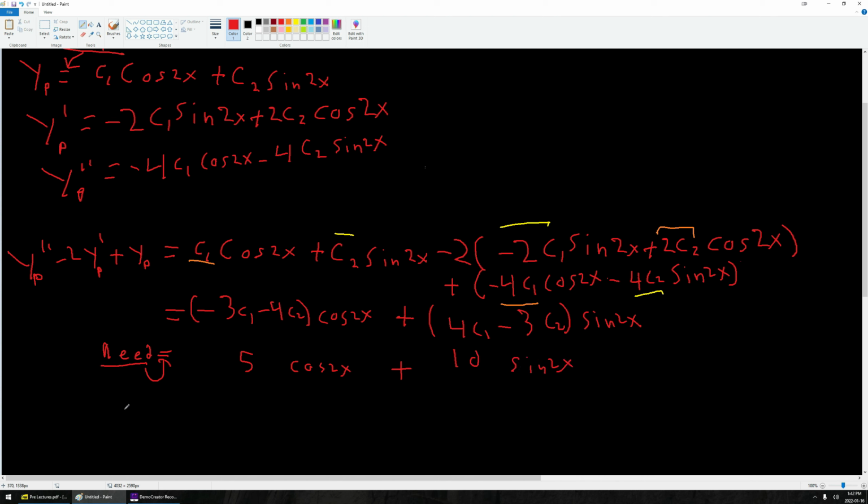Okay, so this thing gives me a system of equations. So I can simply say something like, thus, my coefficients will need to satisfy the two equations, minus 3c1 minus 4c2 is equal to 5, and 4c1 minus 3c2 is equal to 10.